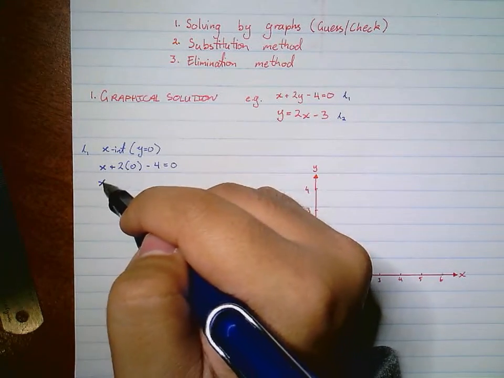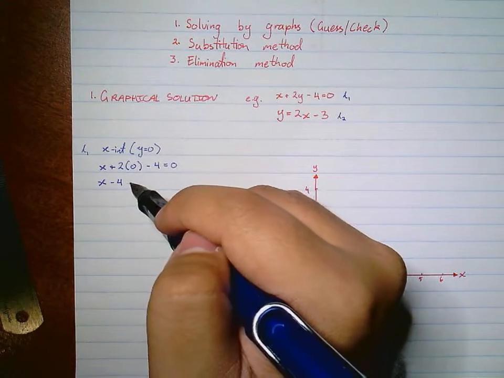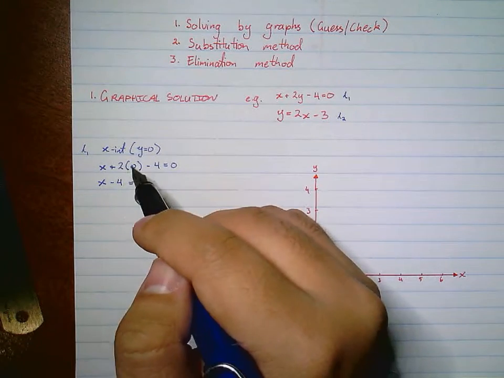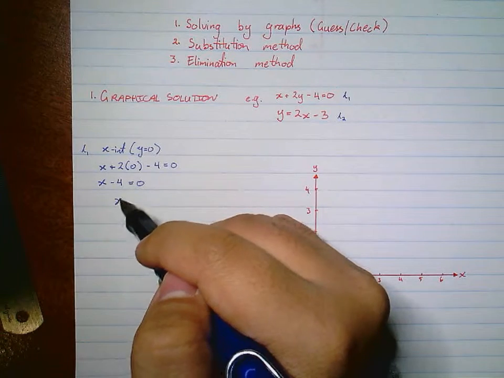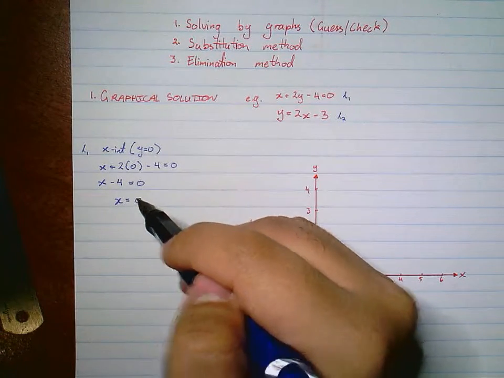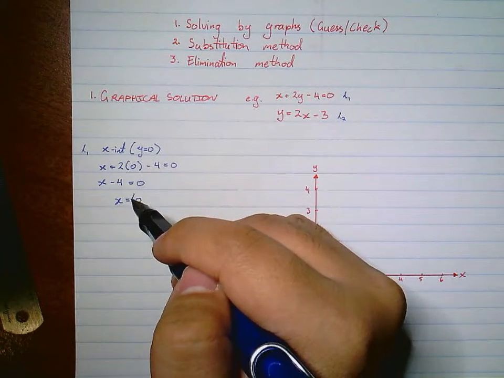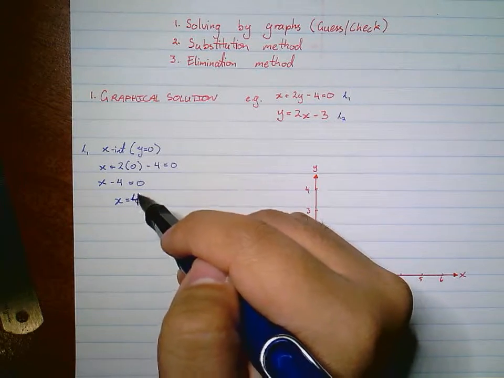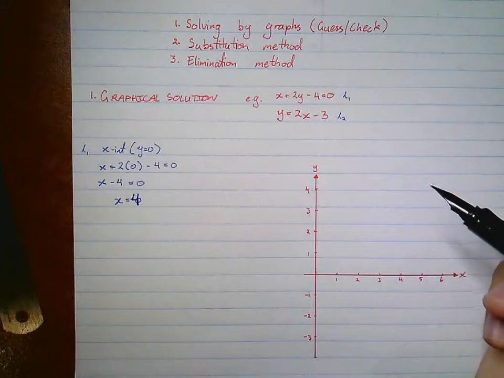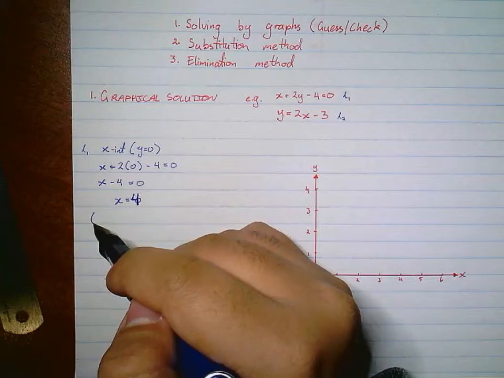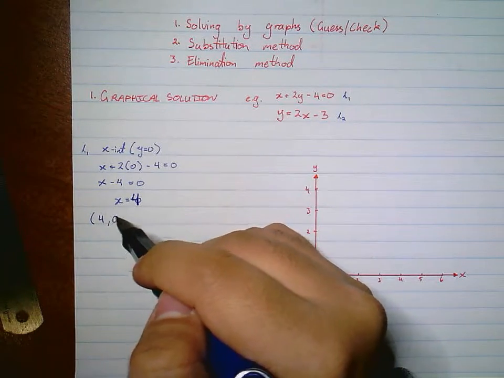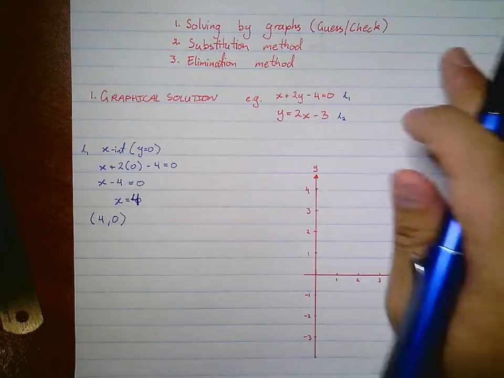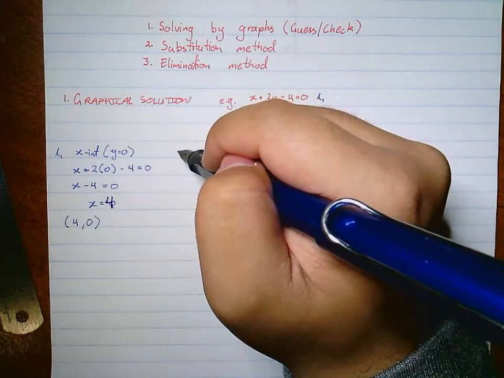We get x minus 4 is equal to 0 because 2 times 0 is 0, which leaves us with x is equal to positive 4. So our first coordinate is 4, 0. Let's move on to the y-intercept now.